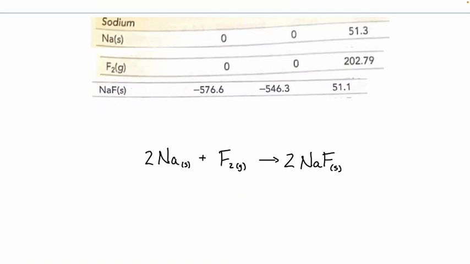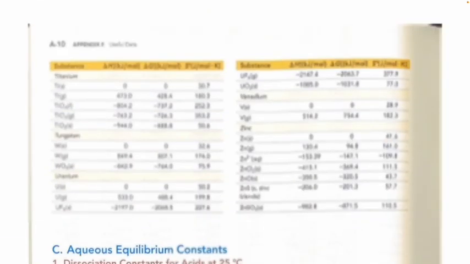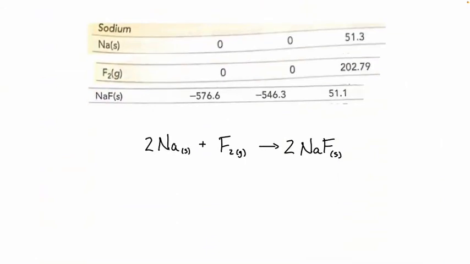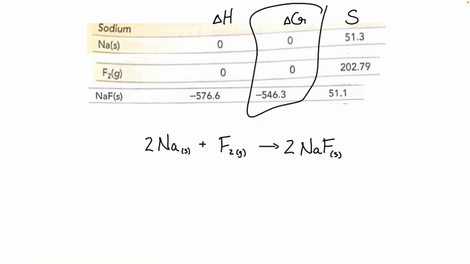All right, and to be clear, if we look at our headers here, this first column is your delta H, the second column is the delta G, and the third column is the entropy. Okay, so we can use these values. We're going to focus on delta G. We want to know whether or not this reaction occurs.